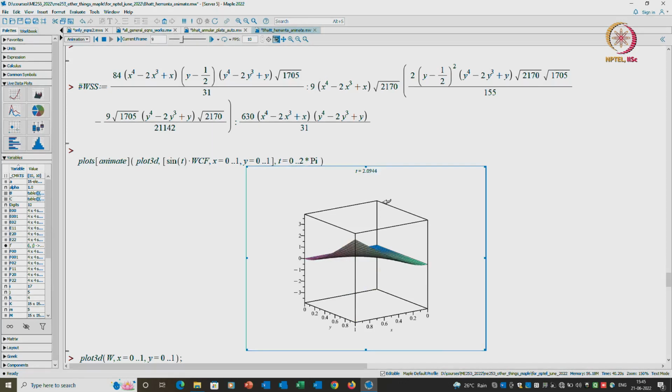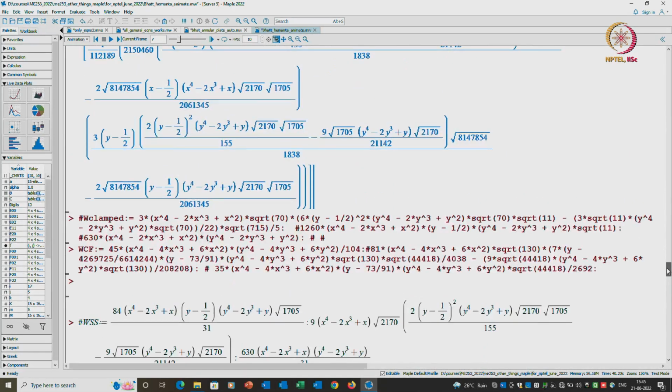Let me show you an intermediate mode. So, let us see this, yeah. So, comment.